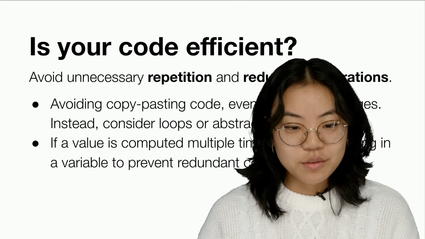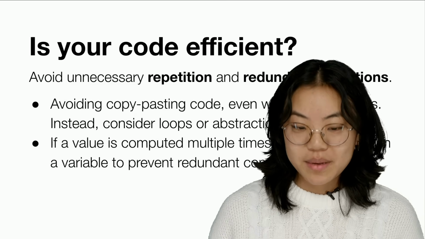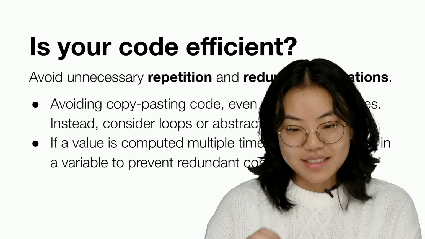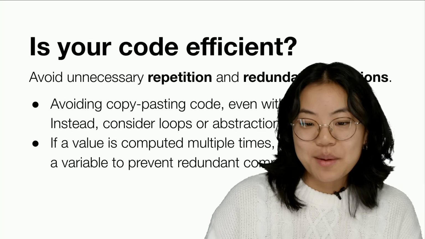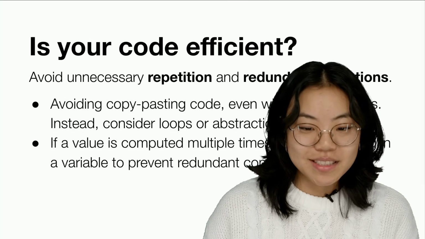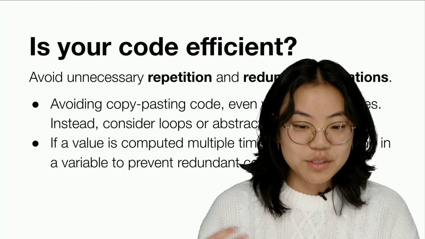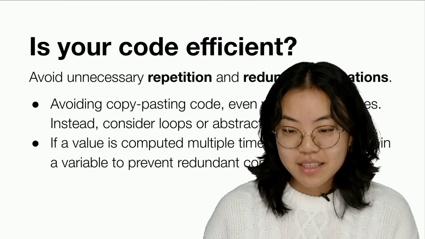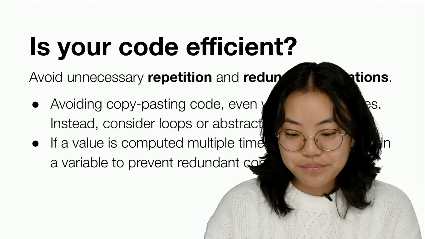Yeah, no, don't repeat yourself. So as the slide says, we want to avoid unnecessary repetition and redundant operations. So you should avoid copy and pasting your code, even if you're making slight changes. And that usually should be a sign. If you're doing some copy and pasting, perhaps this is a good time for you to consider using loops or abstractions, using a function to try to hide away some of that repetition.